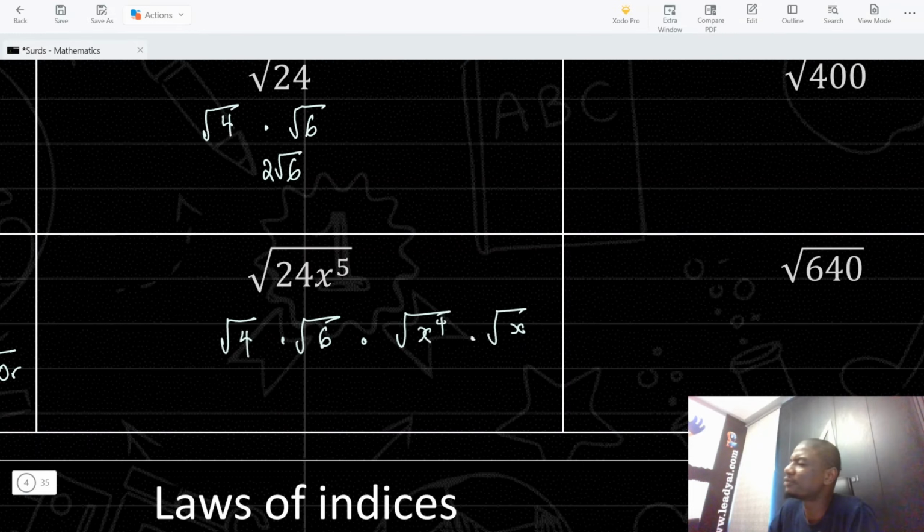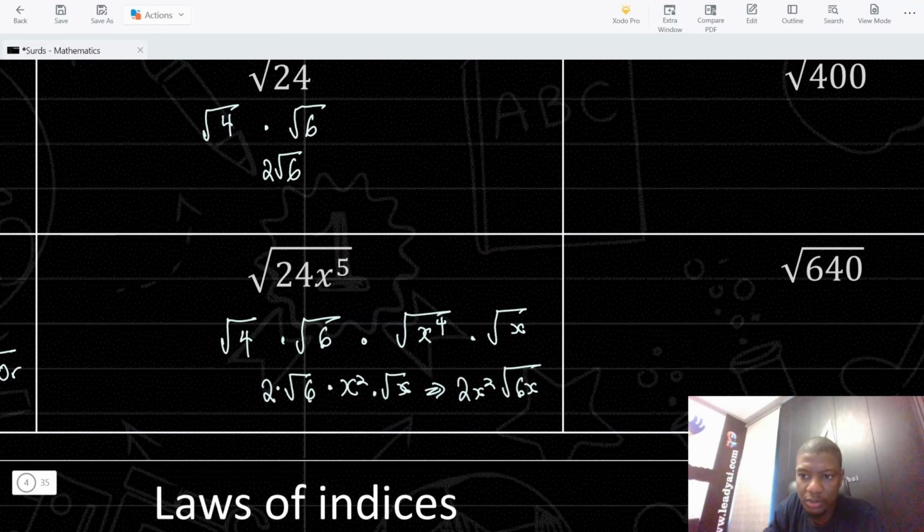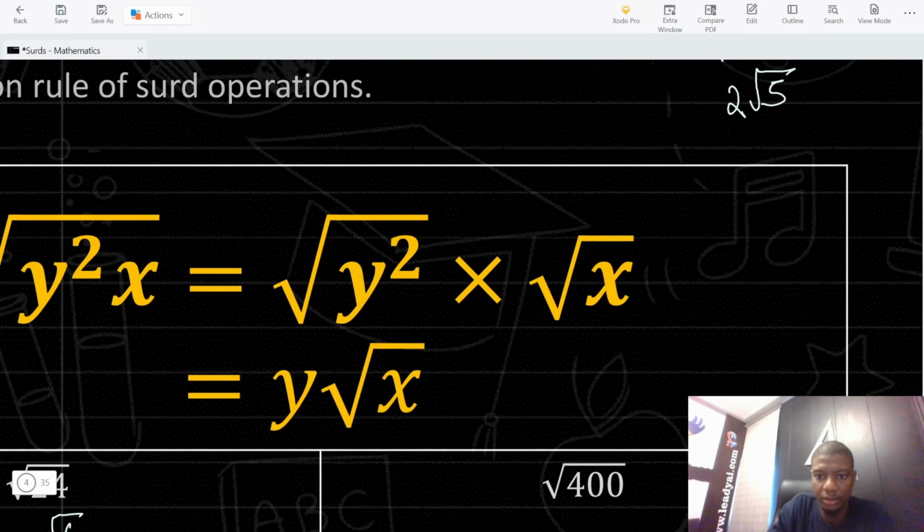Because x raised to the power of 5 doesn't have a square root. You have to have an even power to be able to divide by 2 when you take the square root. So this would be 2 root 6 times x squared times root x. So you end up with 2x squared root 6x. Okay, we're nearly done.